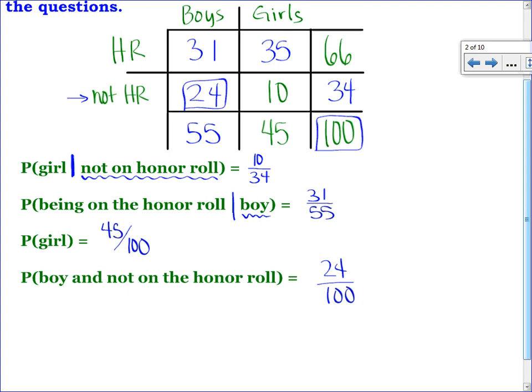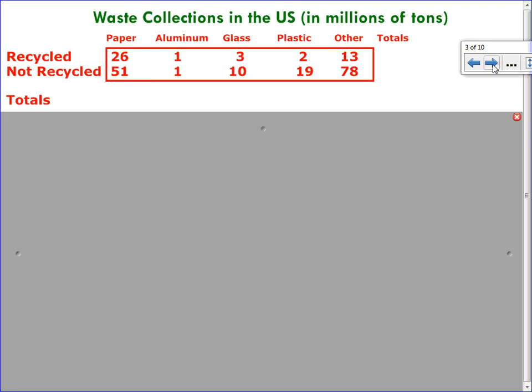All right, so this one is similar to one of your homework questions that you're about to do. The first thing you're going to want to do on that homework assignment is get all of your totals. So I'm going to fill in these total numbers so you can follow along with me. All I'm doing is simply adding the columns and the rows.